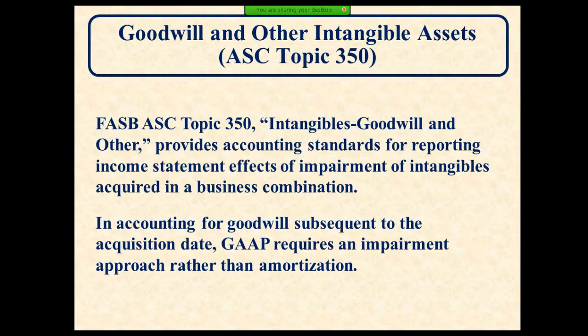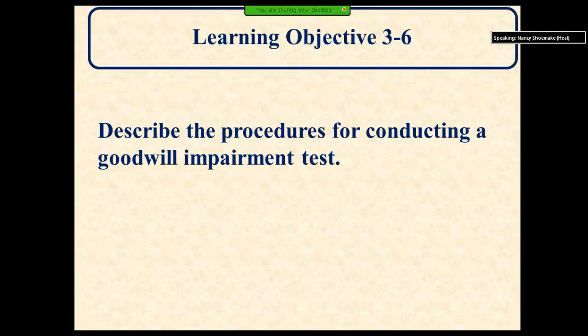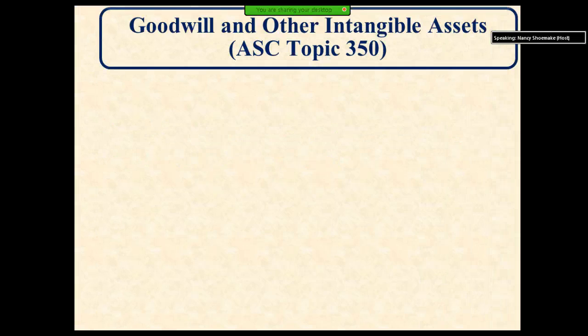FASB 350 talks about the effects of impairment related to business combinations. So when we're dealing with subsequent to the acquisition date, generally accepted accounting principles require that we test for impairment rather than amortize goodwill. So how do we go about testing for impairment?